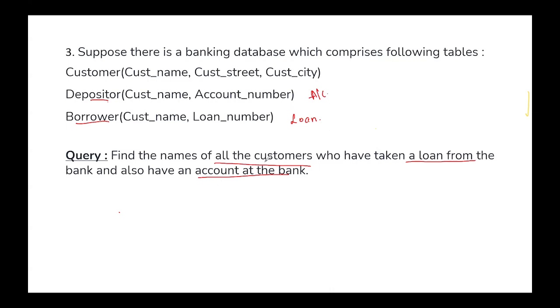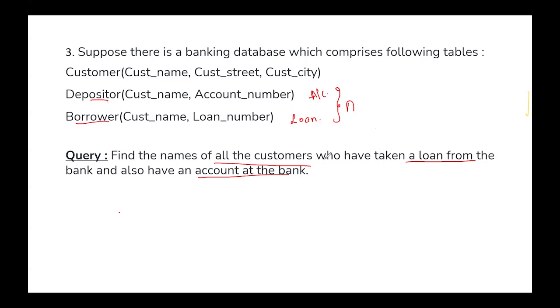So when we combine these two, when we do the intersection, whatever names we get will be the eligible names of customers who have borrowed as well as who have an account. I hope it is clear.